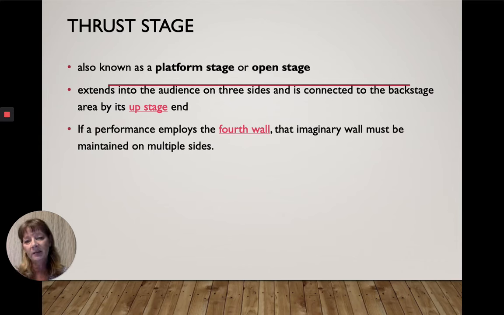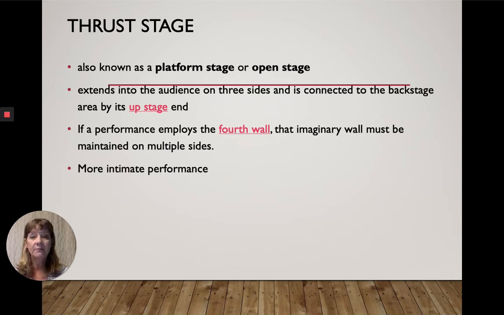In a performance, you employ a 4th wall. That imaginary wall must be maintained on all 3 sides. So you keep actors moving when you're on the thrust stage, and it's okay to turn your back to the audience on a thrust stage as long as you don't stay in that position. It gives you a more intimate space.